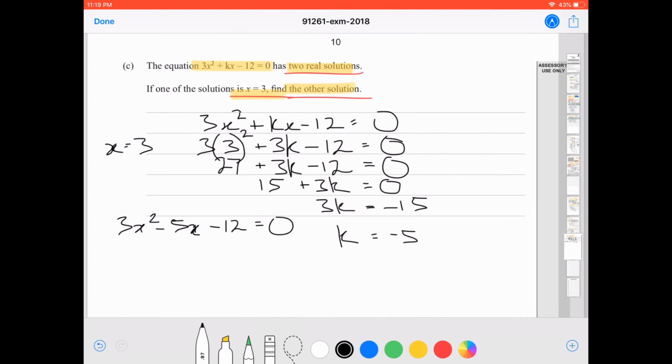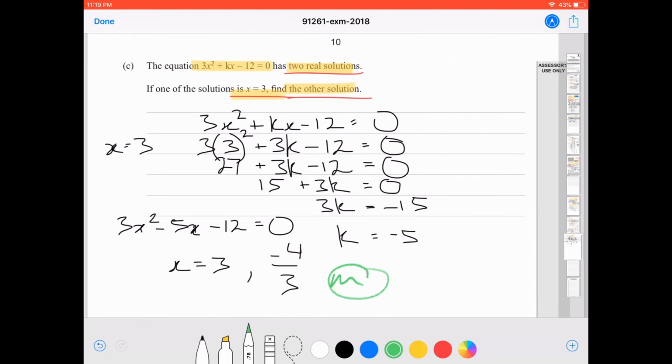So a value is 3, b value negative 5, and the c value is negative 12. And so we come out with x equals 3, and we know that. We're looking for the second solution, and that is negative 4 over 3.